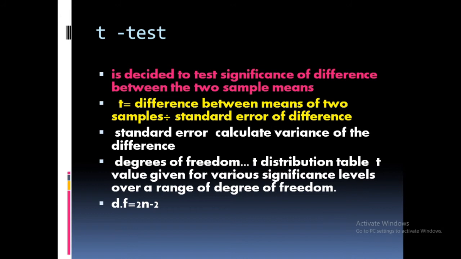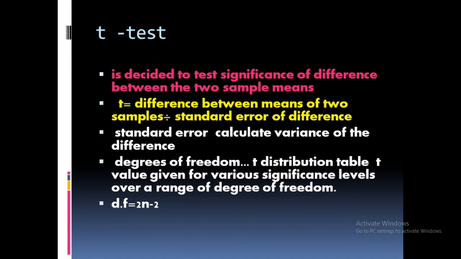So we have to test whether two different samples with different mean values are drawn from the same population. From the same population we take two different samples and compare their means. If the difference is significant, the samples should have come from different populations.